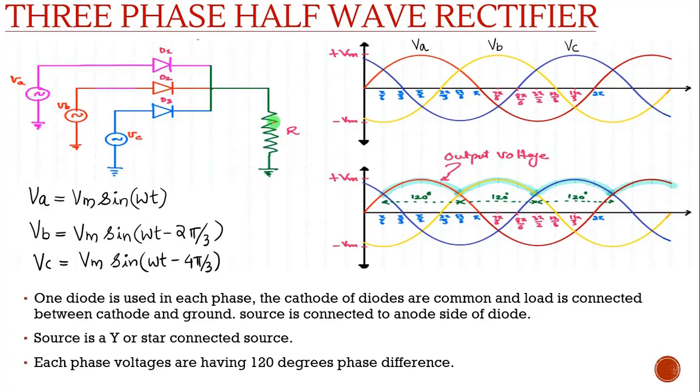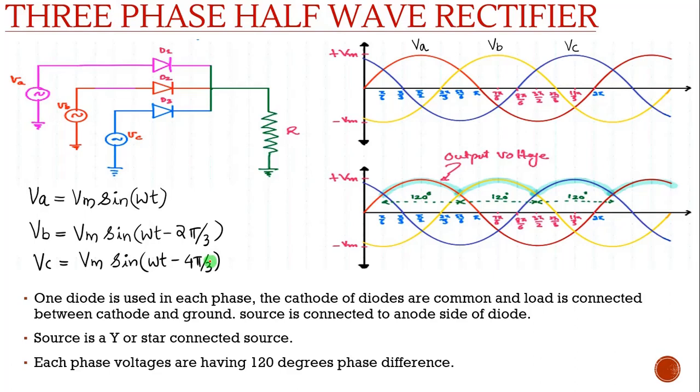The phase voltage VA is equal to Vm sin omega t, and Vb will be Vm sin (omega t minus 2 pi by 3). That is, from phase A to phase B there will be a 120 degree phase shift. And Vc will be equal to Vm sin (omega t minus 4 pi by 3), meaning from Vb to Vc there is a phase difference of 120 degrees.